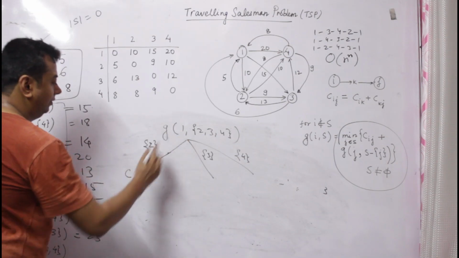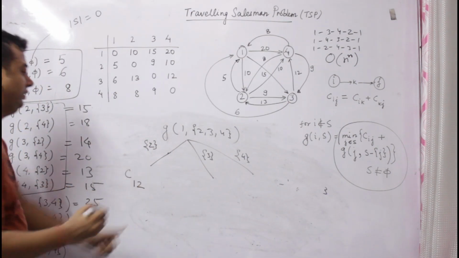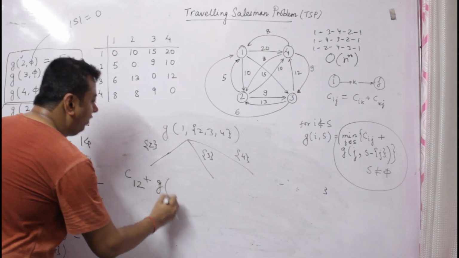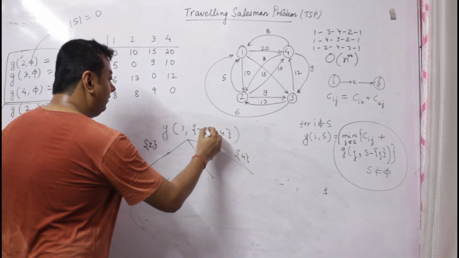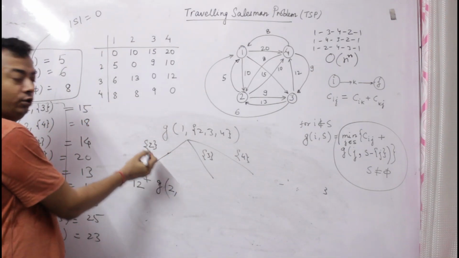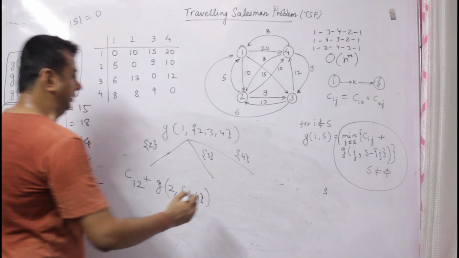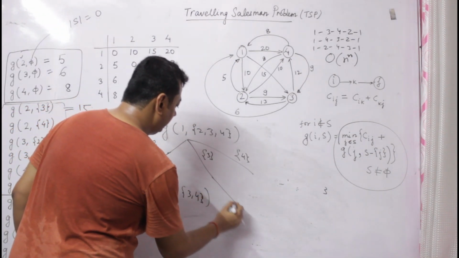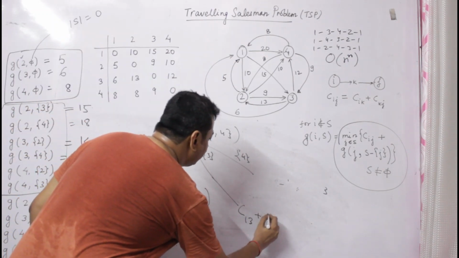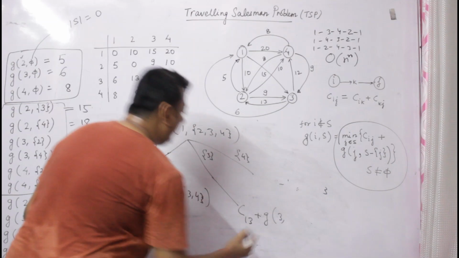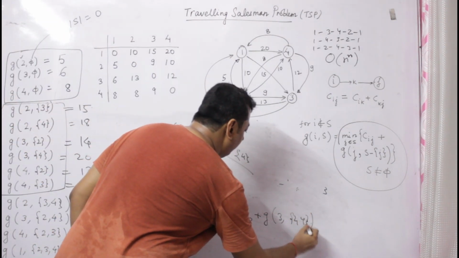C of 1 2, C of 1 2 plus G of, you are at 2, you have to cover the remaining ones. If you have already covered 2, the remaining is 3 comma 4. This one is C 1 3 plus G of, you are at 3, the remaining is 2 comma 4.